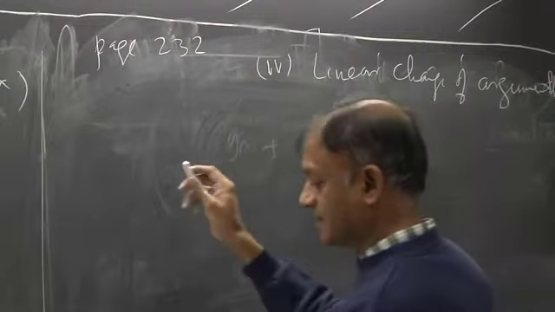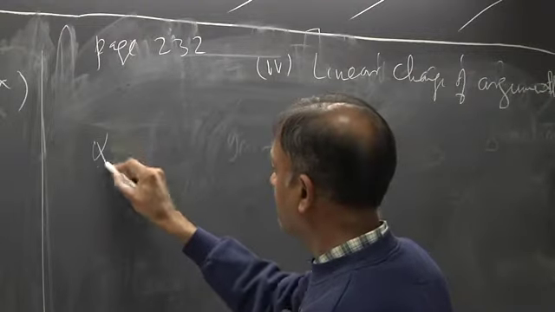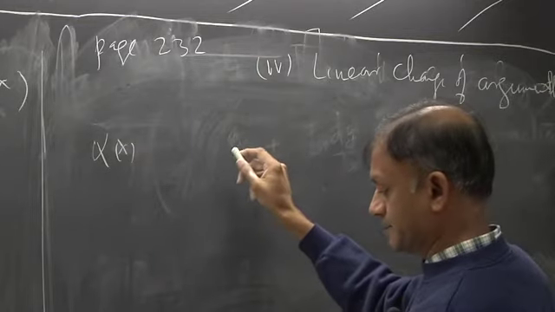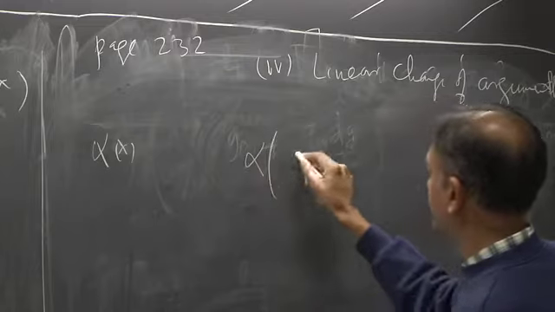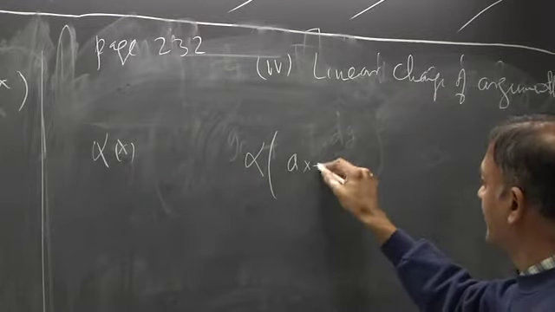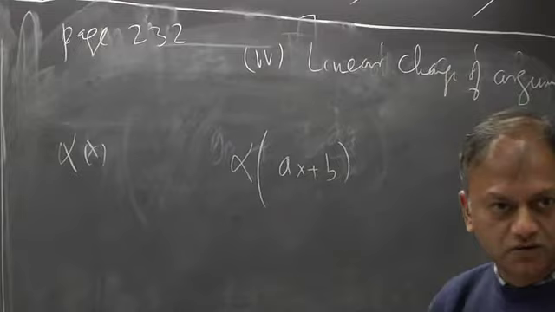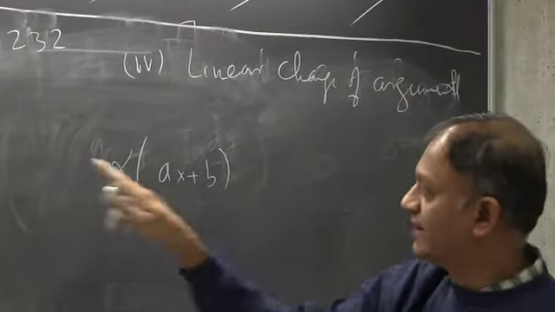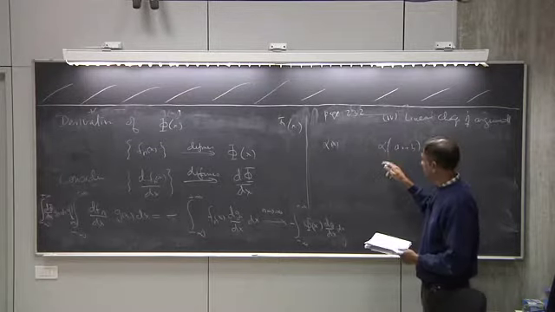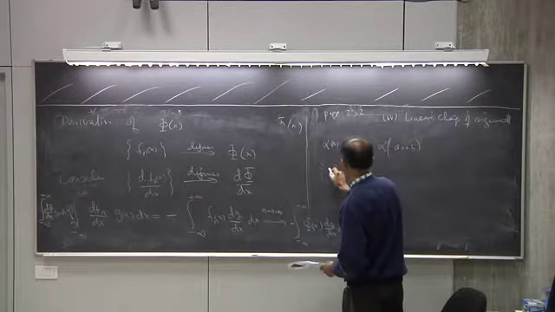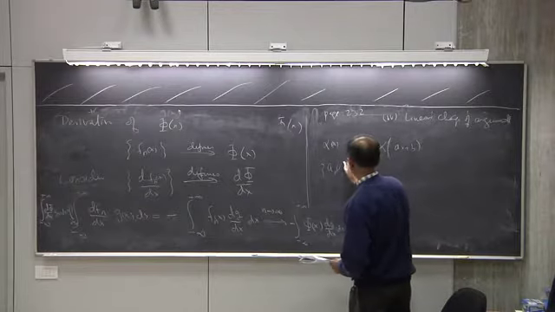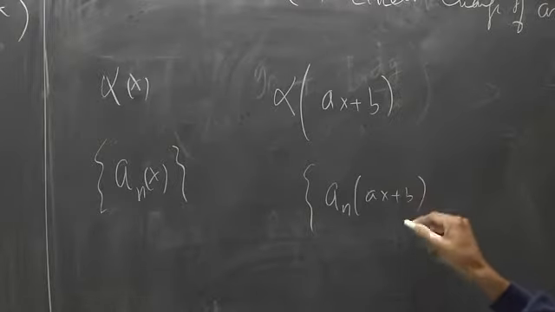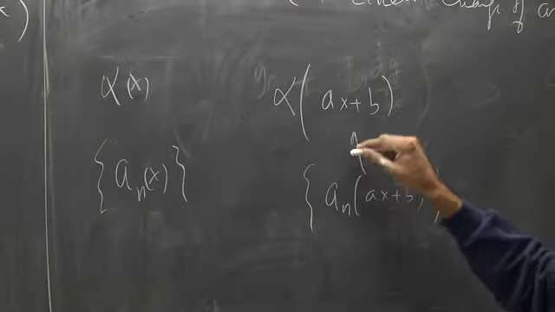Meaning that if alpha of x is a generalized function, then you can also define something like, if you make a change of variable ax plus b, you can again define a generalized function. So that's a linear change of variable, and you can define a generalized function. It's simply, as you would imagine, this has some sequence of functions, and consider now another sequence of functions which is simply with the argument ax plus b, and this will define that.